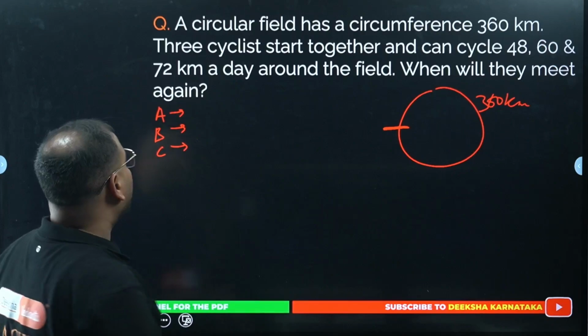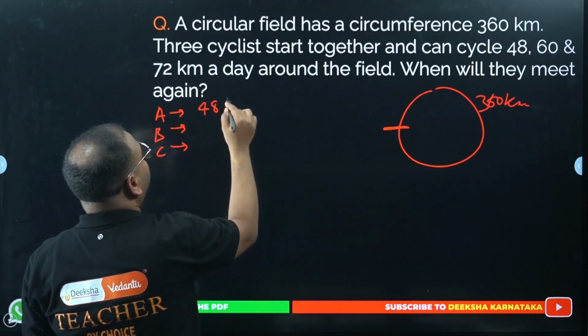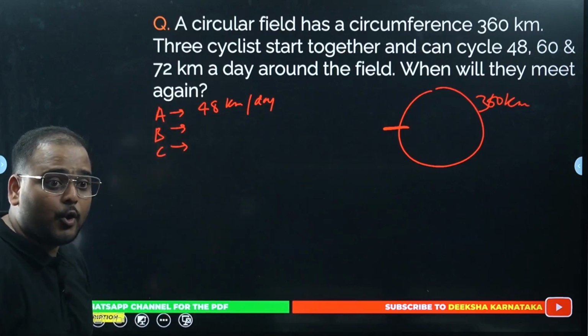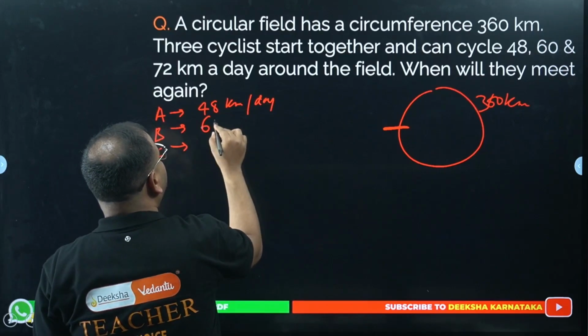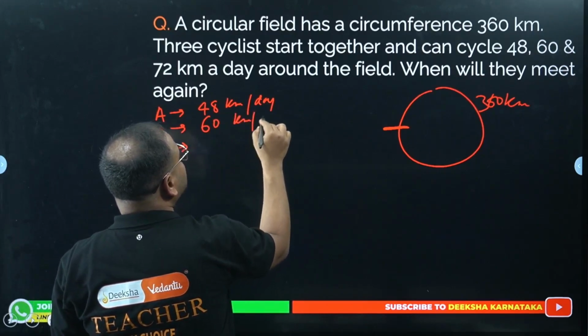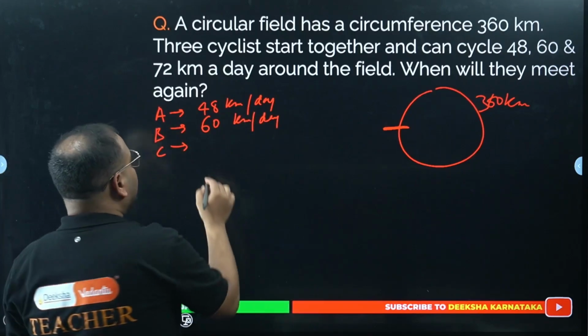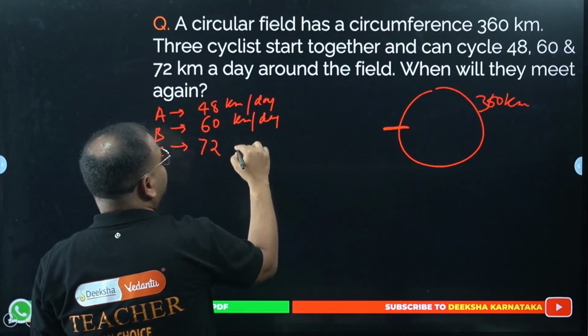Cyclist A can go 48 kilometers per day. Cyclist B can go 60 kilometers per day. What about cyclist C? Greatest, fittest guy.